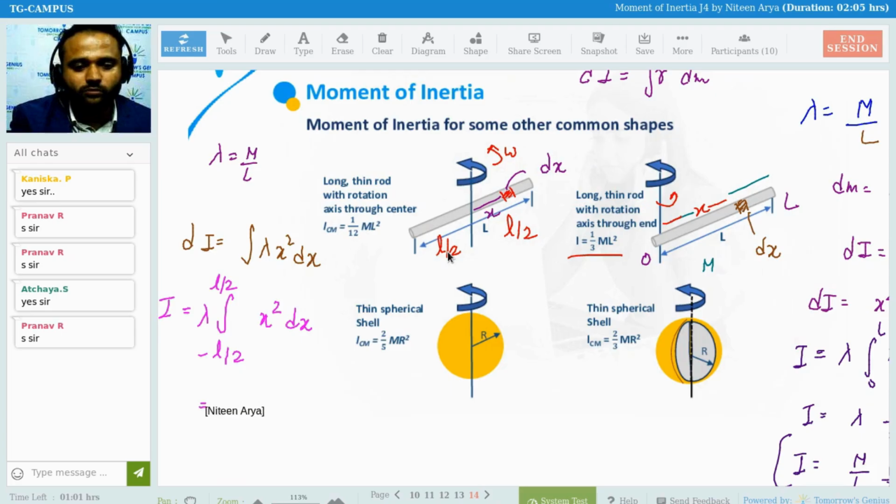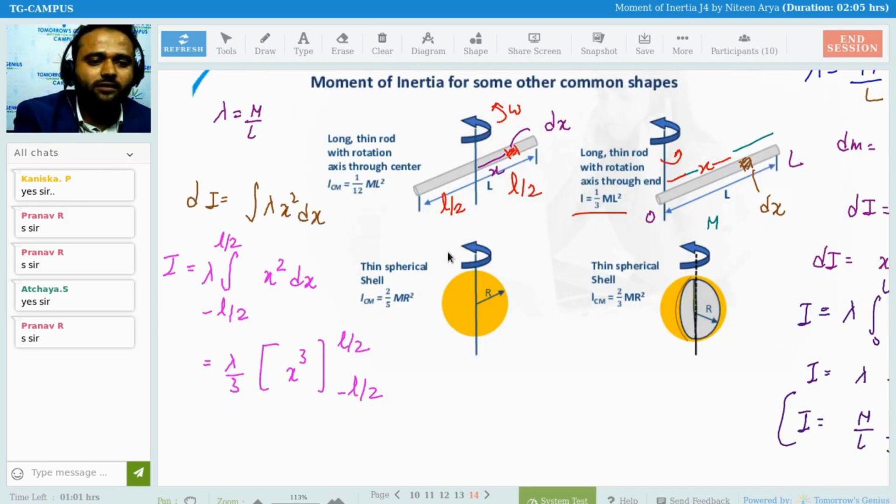So this is taken out, and 1 by 3 is common, x to the power 3 with limits L by 2 and minus L by 2. And when you solve this, you automatically get I, which is 1 by 12 M L square.